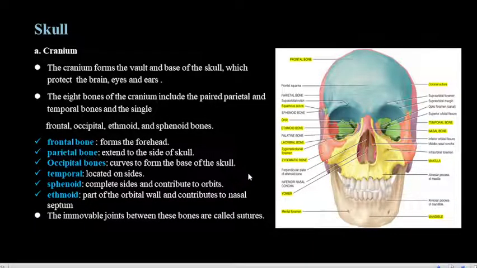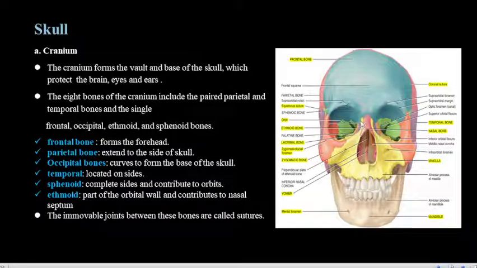So, ito ang orbit natin. When you say orbit, para sa eyes. Ayan siya, yung color green. So, dito sa gilid, left and right, and sa loob-loob ng orbit, you have the sphenoid bone. So, left and right din. And you have the ethmoid bone, which is a part of the orbital wall and contributes to the nasal septum.